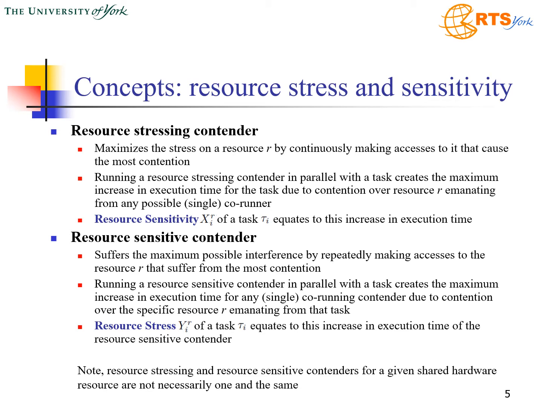And this allows us to characterize what we call the resource stress of a task, which equates to this increase in execution time of a resource-sensitive contender when it's run in parallel with the task. And we note that resource stressing and resource sensitive contenders for a given shared hardware resource are not necessarily one and the same thing.